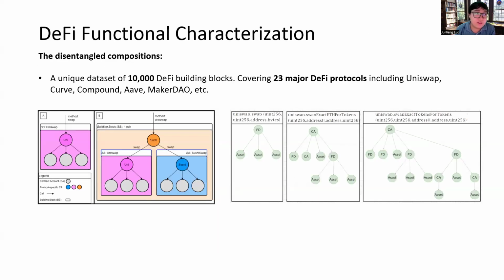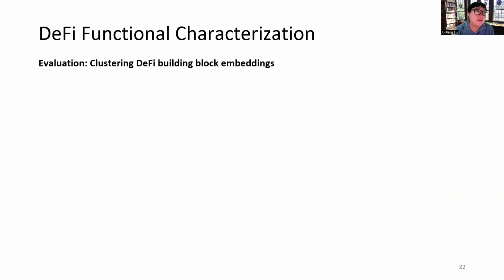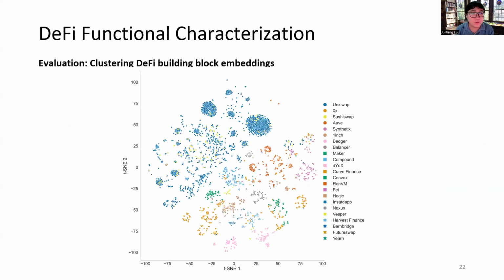We have a unique dataset produced that's public on my GitHub, a dataset of 10,000 unique DeFi building blocks of these trees. If anyone wants to research that, they can download the data. And yeah, that's the DeFi functionality. And what's interesting is we used to do clustering on that, and we have all these trees.